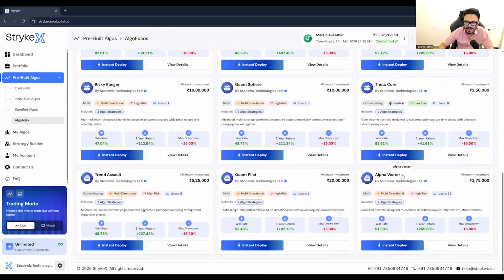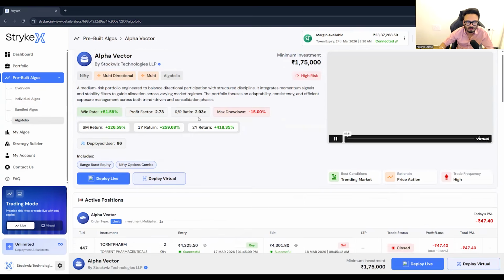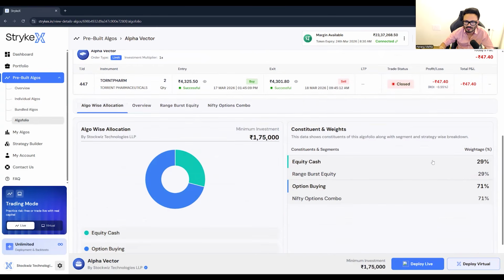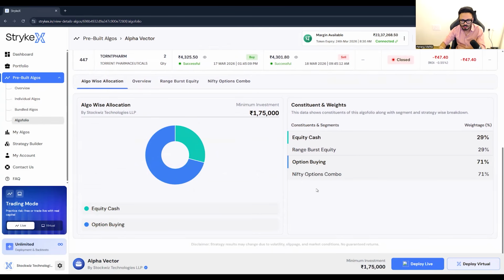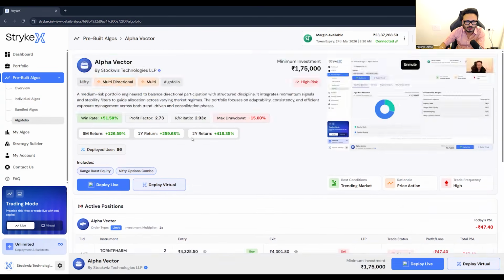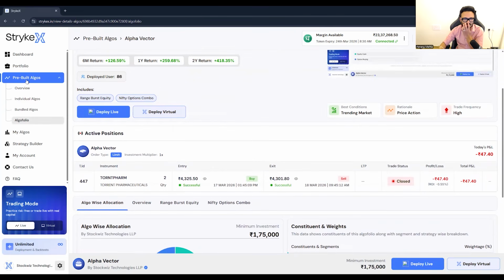And then we have an Alpha Vector algo folio, which is like a moderate risk kind of a portfolio. It has simple things, right? It has 30% allocation in equity strategies, which are very stable, and then the remaining 70% in the Nifty options combo. So someone who's just wanting to get started with about 2 lakh rupees of capital, you can go with this algo folio also. And that's basically about it.